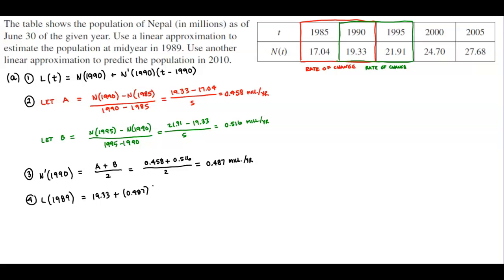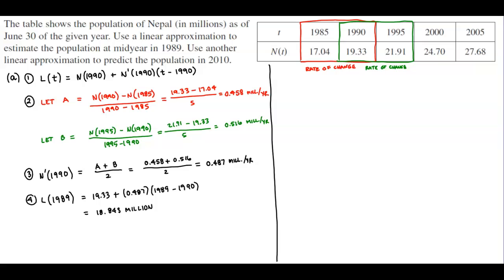Now we're going to multiply this by 1989 minus 1990. And so when we plug that in, we're going to get 18.843 million. So that is the estimate of the population for 1989.